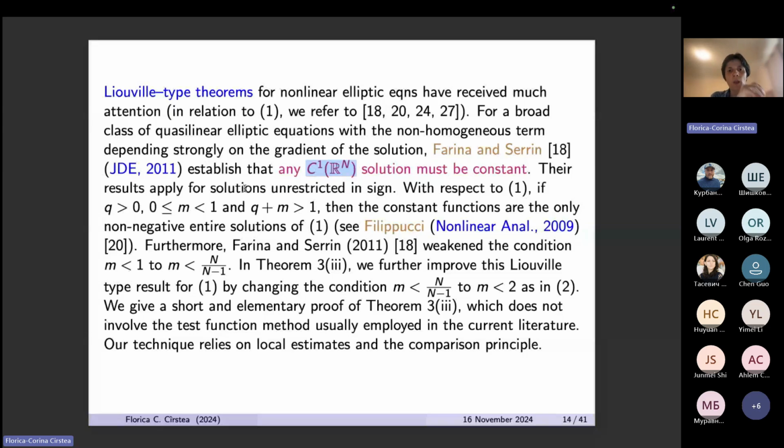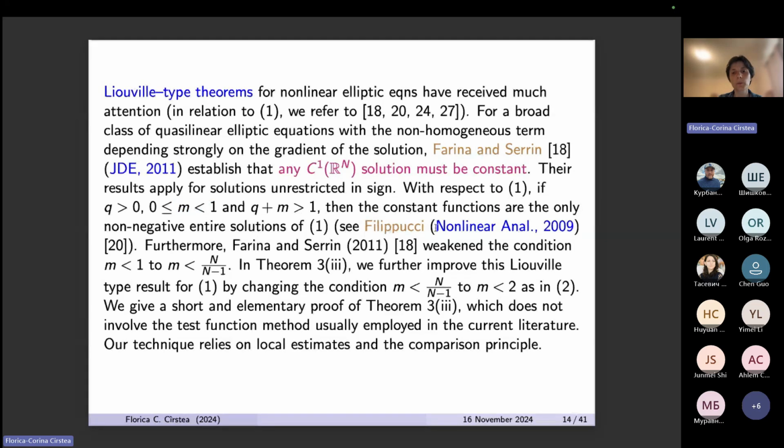And what's really nice is that the results apply to solutions unrestricted in sign. If you restrict the framework to take M only up to 1, so if you take q positive, M between 0 and 1, and q plus M greater than 1, then the constant functions are the only non-negative entire solutions.